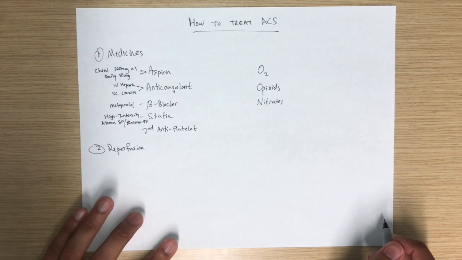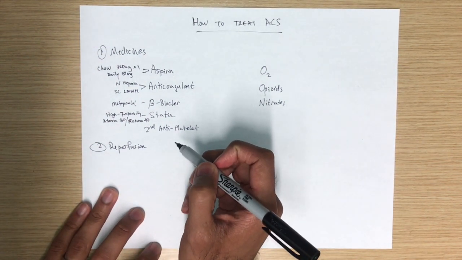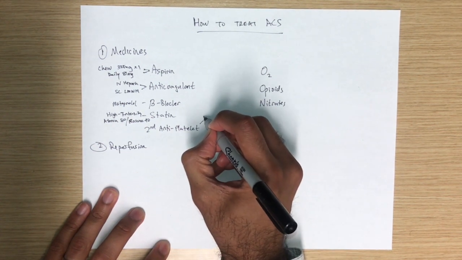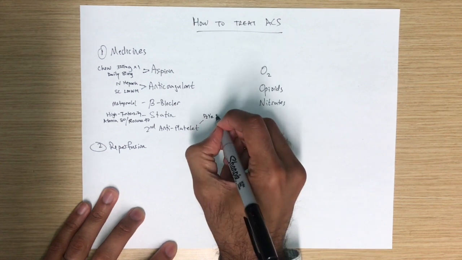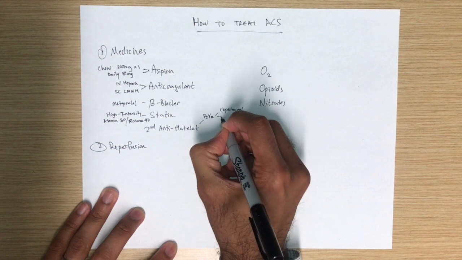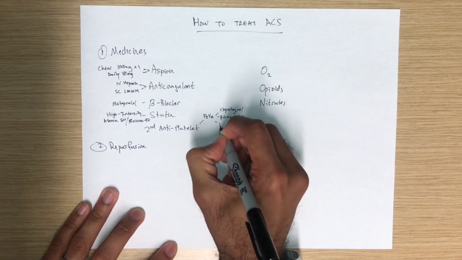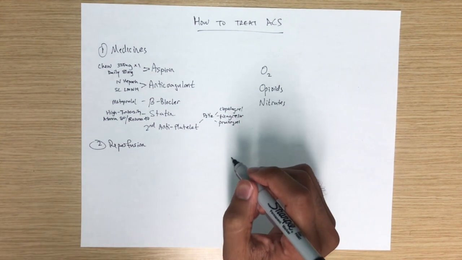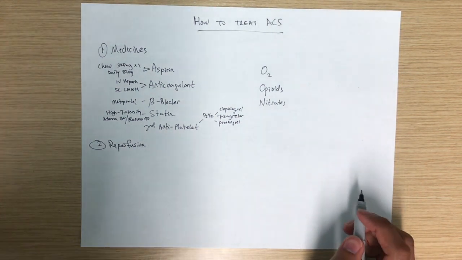And when it comes to the second antiplatelet agent, the choices are basically using a P2Y12 inhibitor, which is going to be clopidogrel, ticagrelor, or prasugrel. These are all slightly different. There are subtleties to them that we may discuss in a future video.